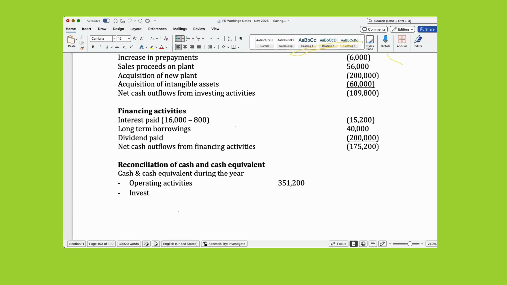Then I have investing, which is how much? 189,800. And I have financing activities, which is how much? 175,200. So let's cumulate the three.